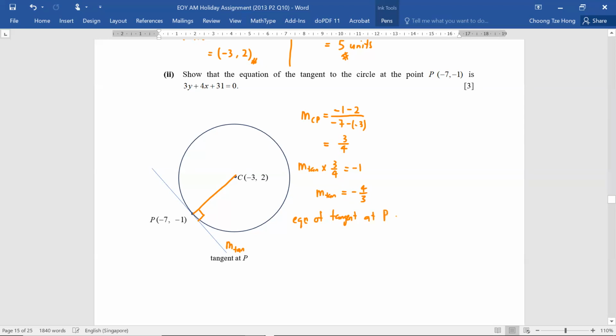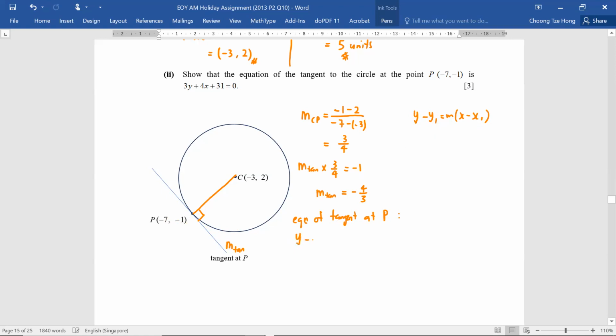Equation of tangent at P. Remember, equation of a straight line, we are going to use this y minus y1 equals m times x minus x1. So the x1 and y1 will be the x and y coordinates of point P. It must be a point that the line passes through, all right?